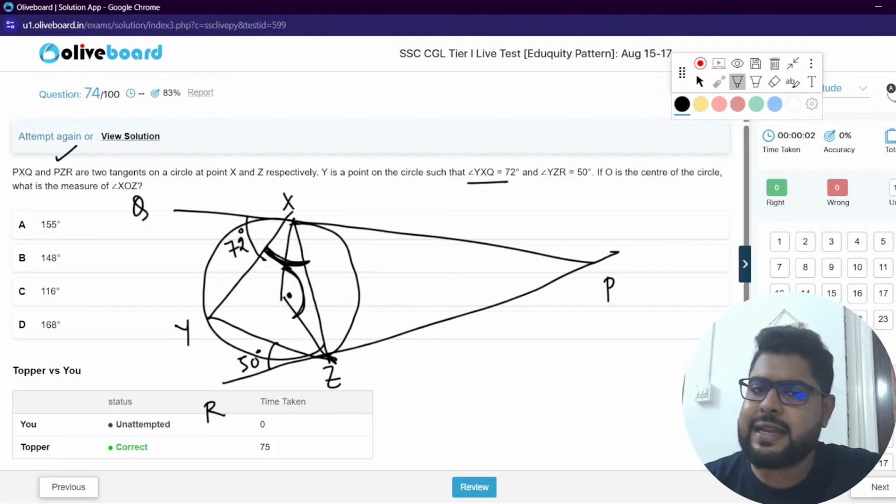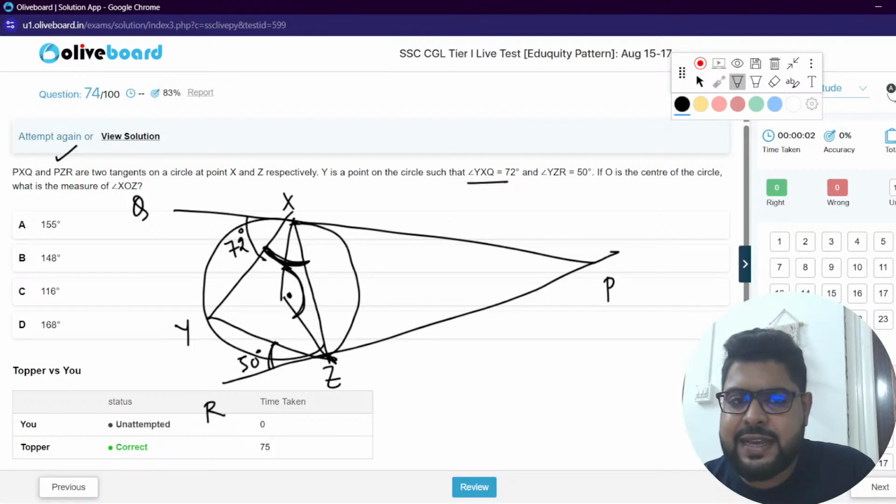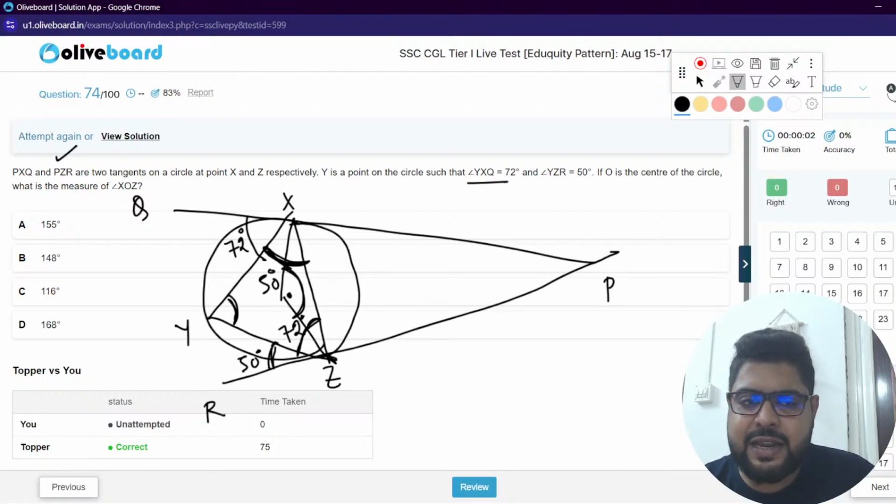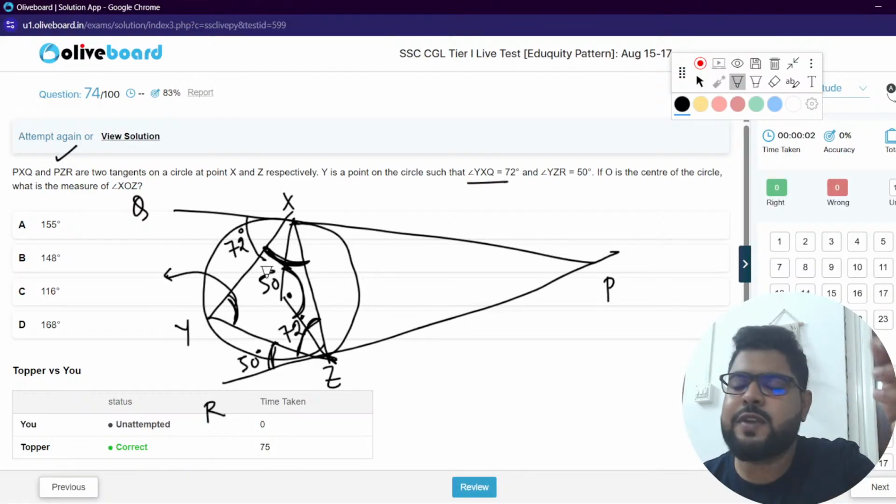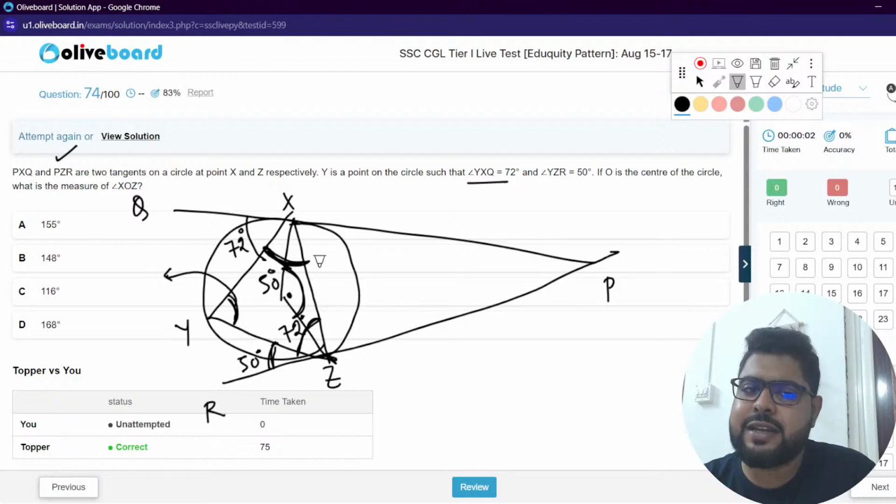Whatever this angle is, the same is this angle. So this is 50 degrees. And whatever this angle is, this is the same. This is 72 degrees. So from this part, this angle will be how much, sir? 72 and 50, you just subtract.